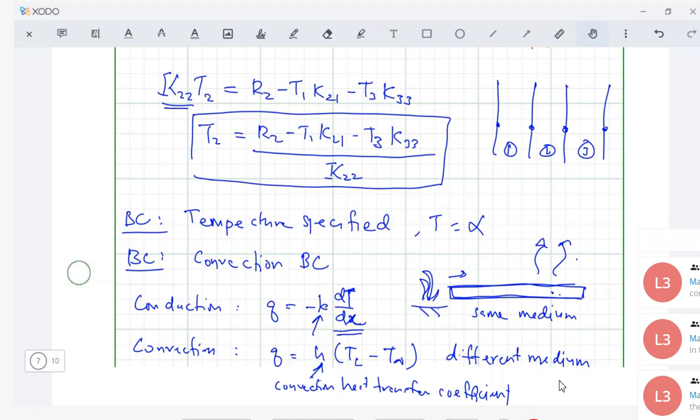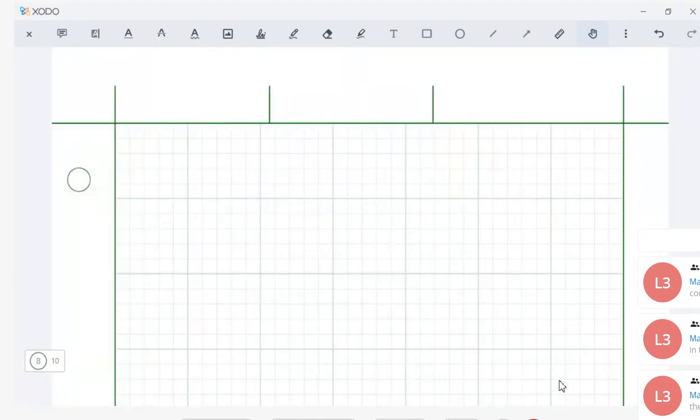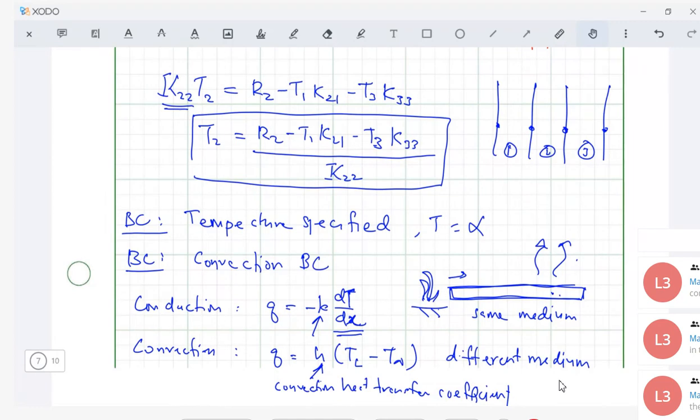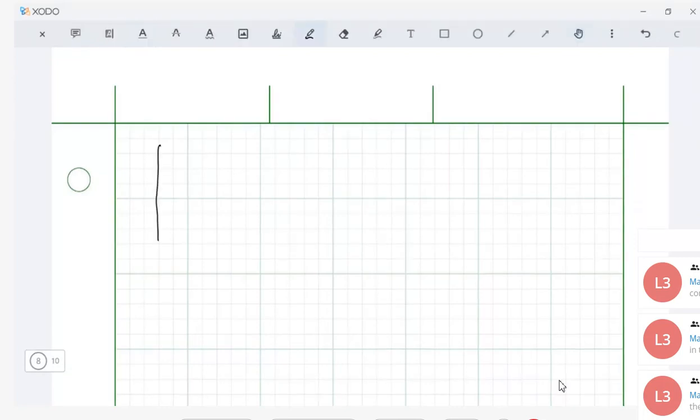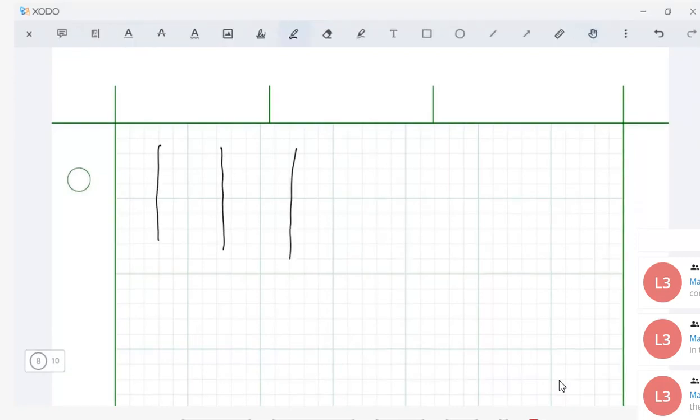Now let's look at the second type of boundary condition. How do we put this boundary condition? Let's say this is again my element. I have T1, T2, T3, and let's say T1 is known as alpha.